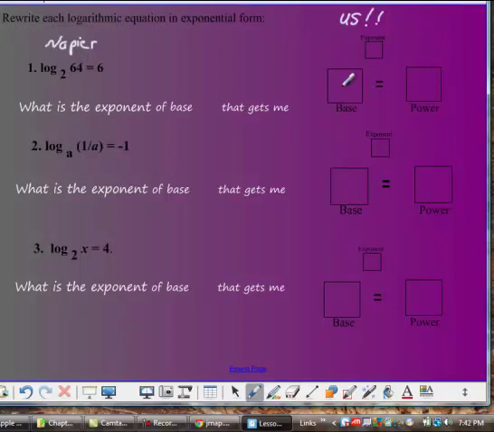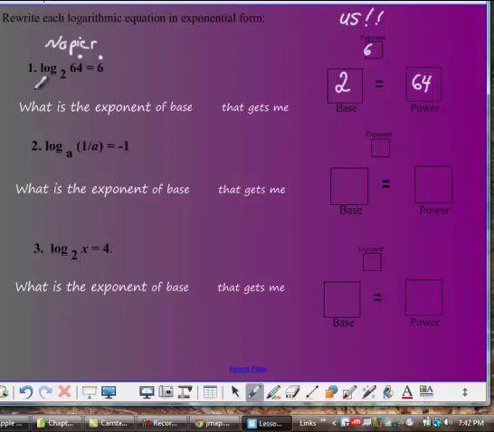The base is always in the bottom. But now we have to decide, is 6 the exponent or is 64 the exponent? Now in this problem right here, it makes sense. If you put 64 as the exponent, does 2 to the 64th power get you 6? No. 2 to the 6th gets us 64.